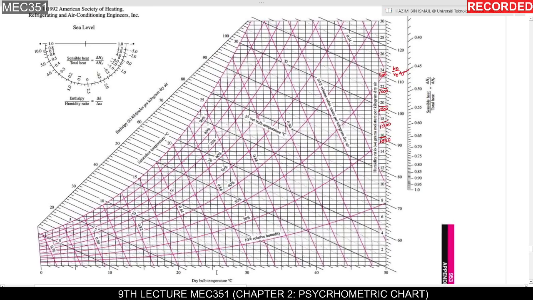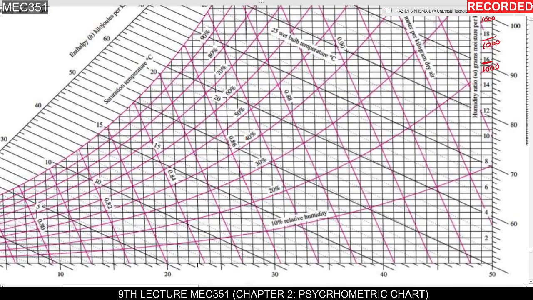And we have a slope line here. Okay, so this is 15, 20, 25. Now the dot line here represents the wet bulb temperature. So this is the dot line here, 25, this is the line there, 24, 23, 22, here 21, and then you get this line 20.